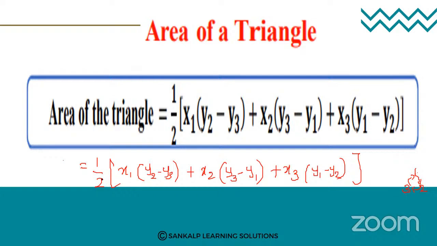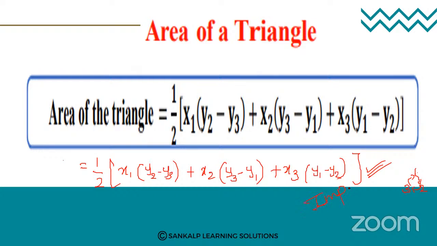So the area is 1 upon 2, half, x1 into y2 minus y3 plus x2 into y3 minus y1 plus x3 into y1 minus y2. This is the formula to find the area of the triangle. Remember this one, it is also a very, very important formula.